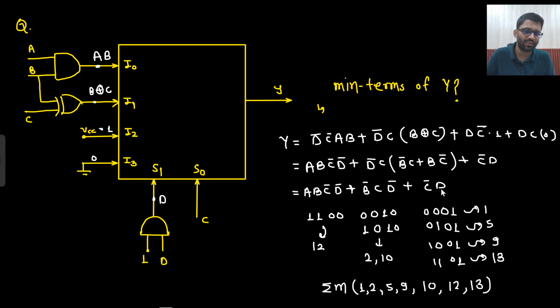What about this 0 0 0 1? Okay, yeah, same, it is fine. 0 1 0 1 1 0 0 1 1 1 0 1. This would become 13, this 9, this 5, this 1, this is 2, this is 10, and this is 12. So that's how we write down the minterms.